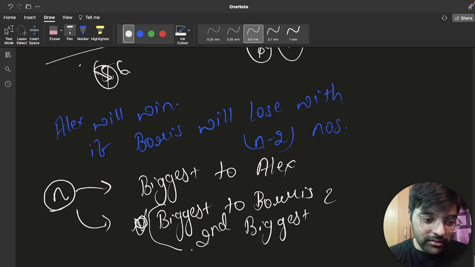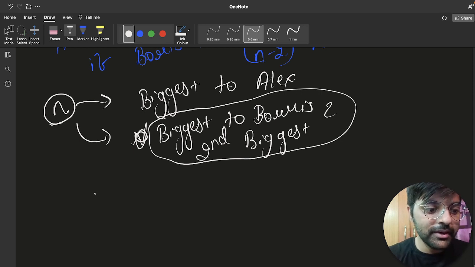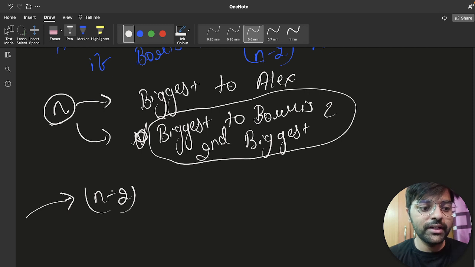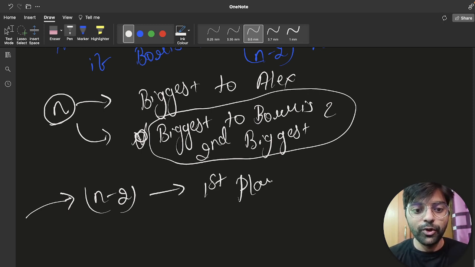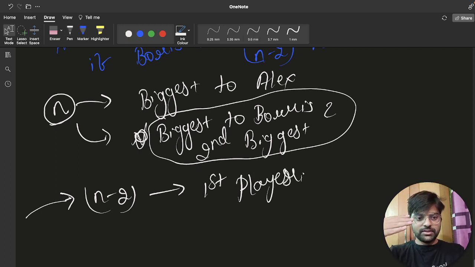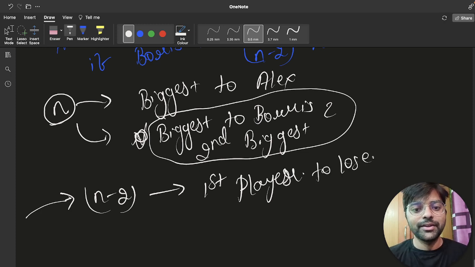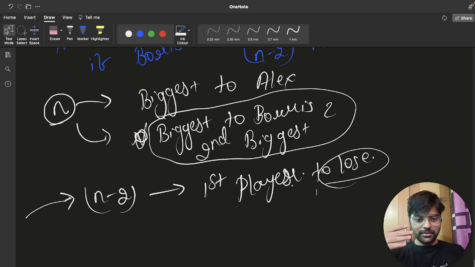Or we can also say that, let's say we have n minus 2 numbers, like we are starting with n minus 2 and our first player, that was Boris, because the first player in the first round was Lx, but after one round the first player will become Boris, and we want the first player to lose, right? That's when our first player, that is Lx, will win.